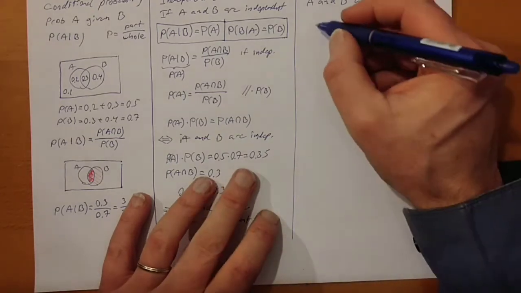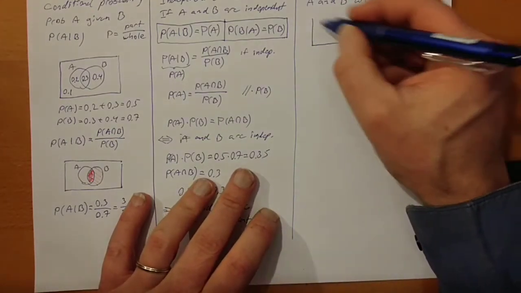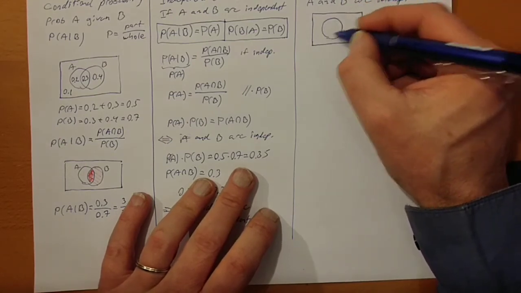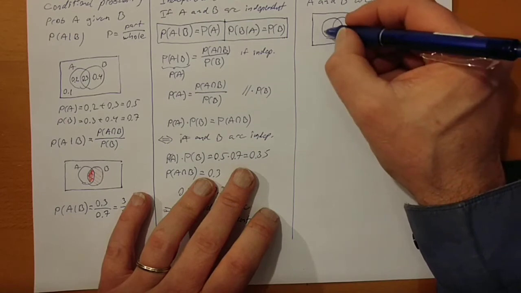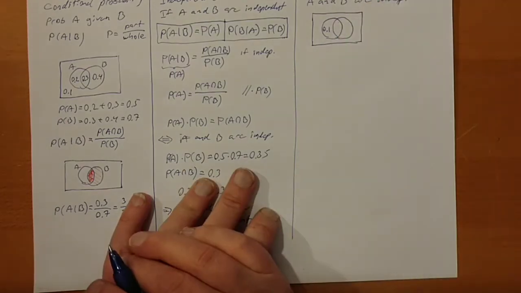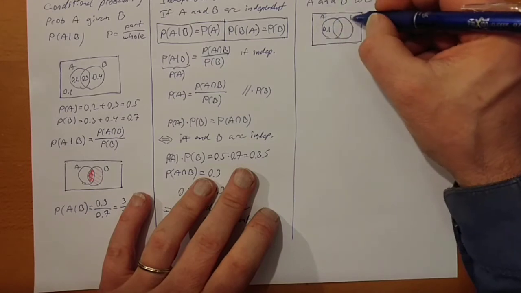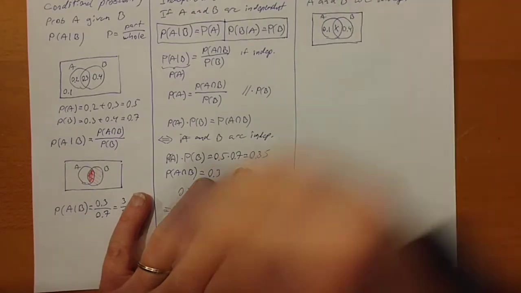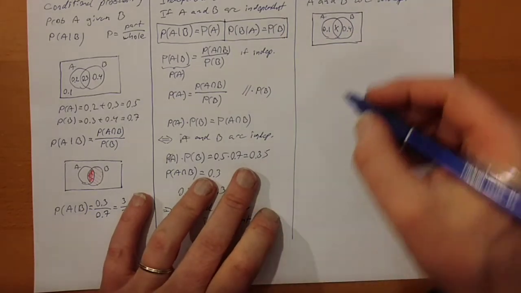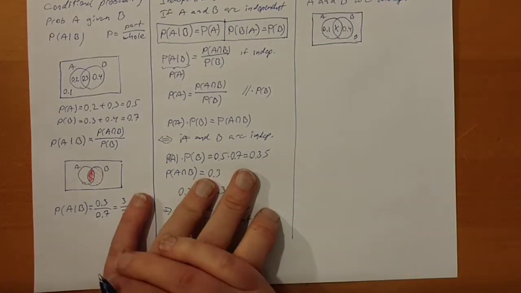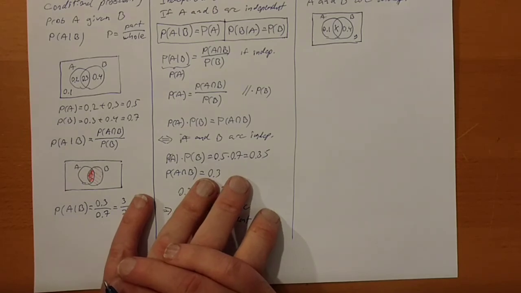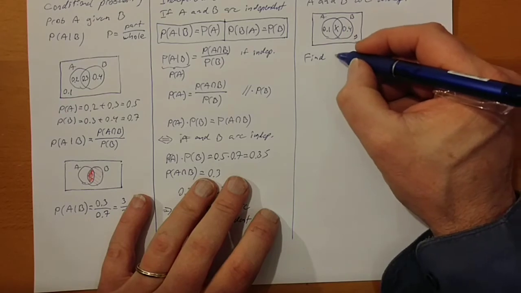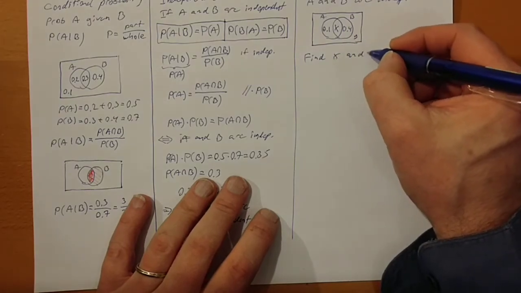And say we have this information that the probability for A to happen but not B is 0.1. The probability for B to happen but not A is 0.4, but we don't know the intersection here. And we don't know the probability for neither of these to happen. So the question could be: find x and y.